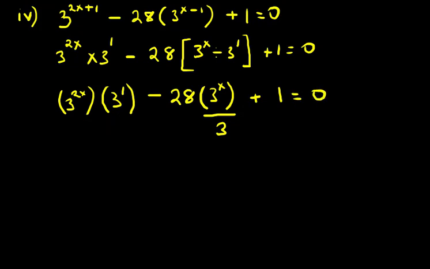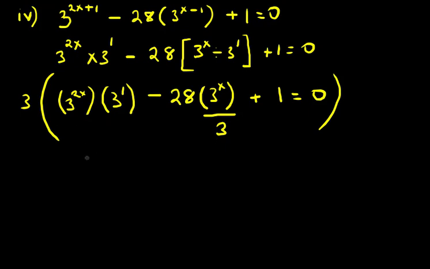And then we notice that 3 power x is common here. So from here, we can simply multiply throughout by 3 so that we get rid of this fraction here.